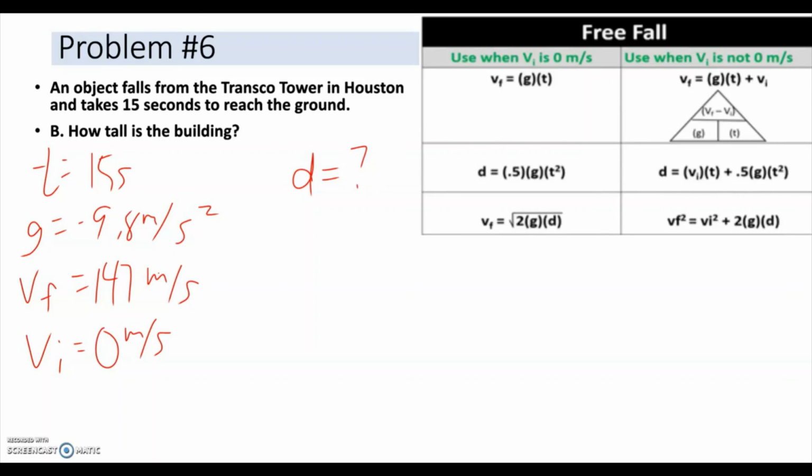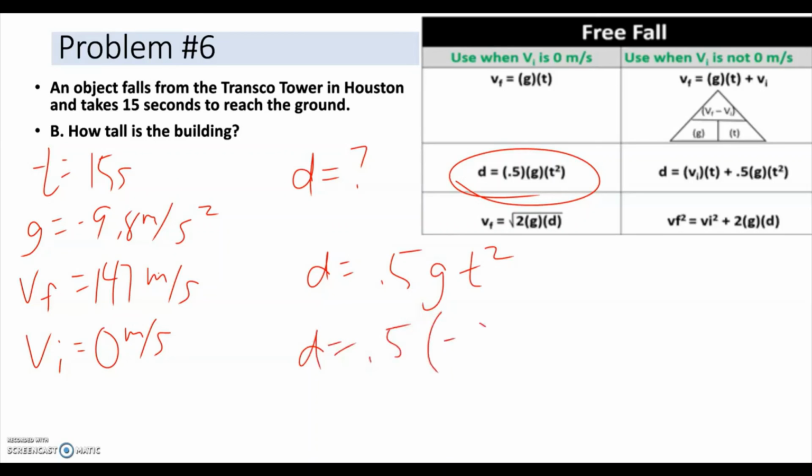So to find displacement, we would use this equation. Distance equals 0.5 times gravity times time squared. So displacement is equal to 0.5 times gravity times the time, 15, and only the 15 gets squared, remember that.